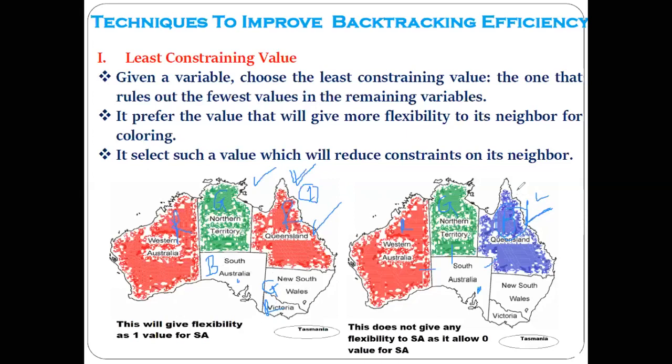But if you choose this option, are we getting the solution? No, because by choosing the red color here, we are getting a kind of flexibility, as in the first option. Here, after the green color, we are choosing the red color.